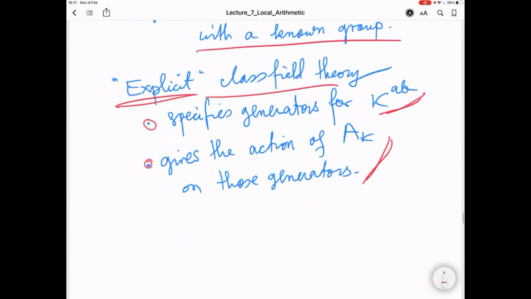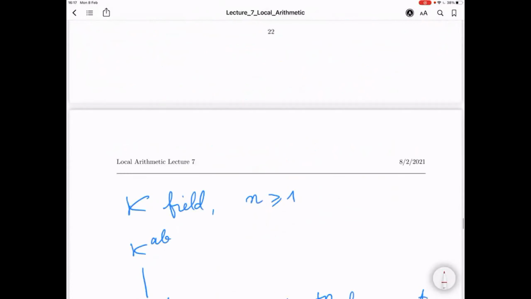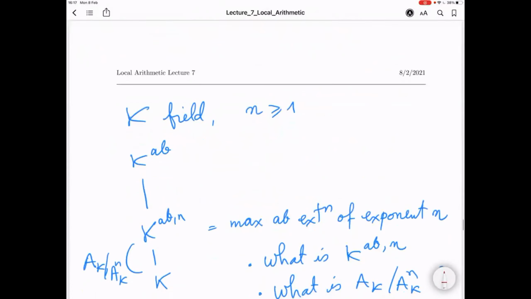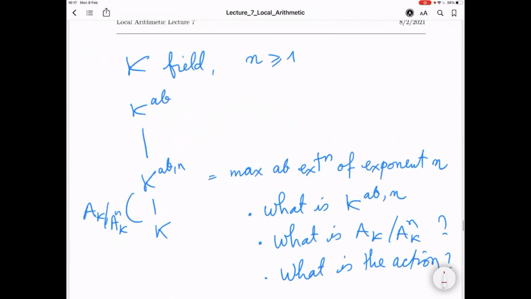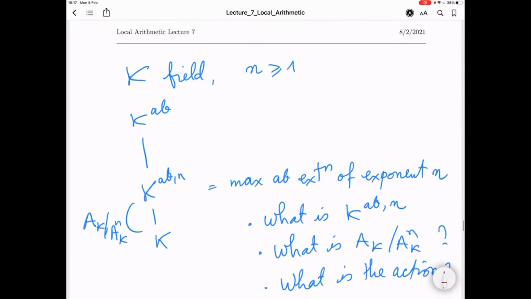Of course we are not going to do it today or even by the end of this course. I'm not sure. We'll do some particular cases, in which we replace the maximal abelian extension by the maximal abelian extension of exponent n.